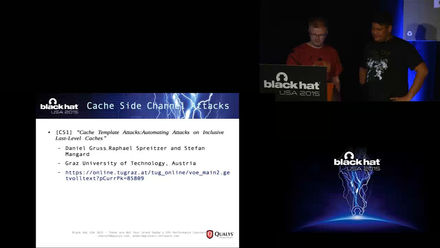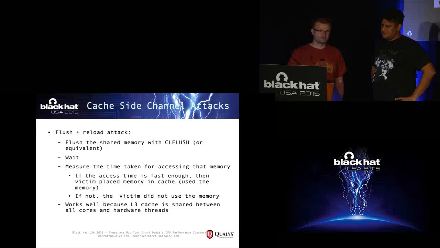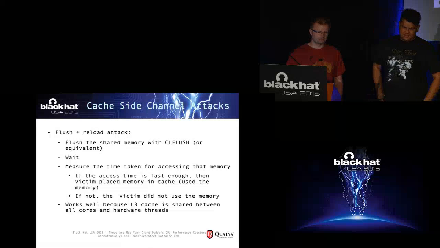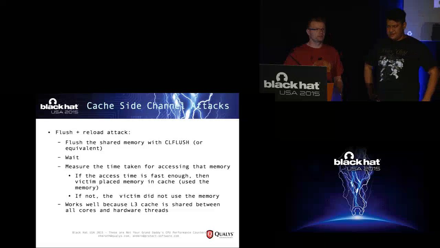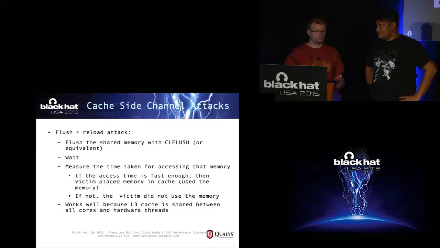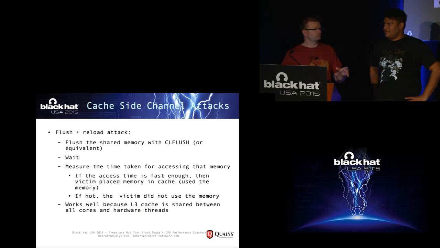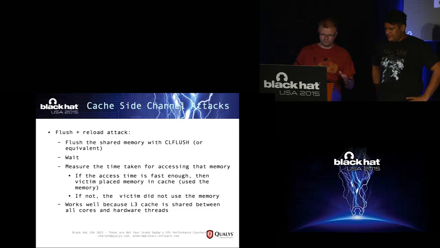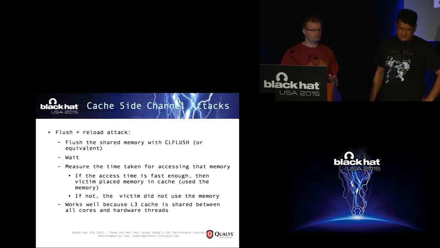The idea behind cache attacks is that the third level cache is shared on all cores and all virtual threads, or hyperthreading. That means that accessing memory from one core can be spotted in another core, because it's placed into cache by the first core, and the second core will be able to see this because memory access is faster. So measure the time for accessing the memory, and you can know if a victim used a certain address.